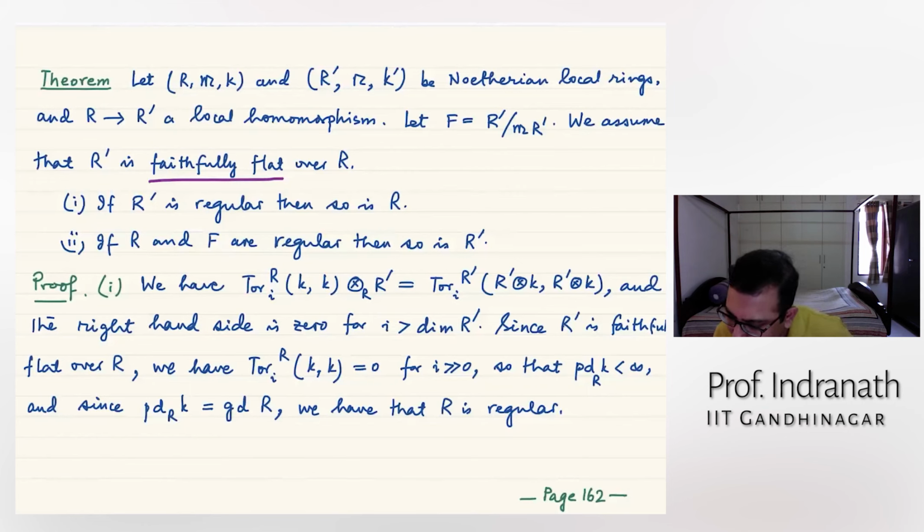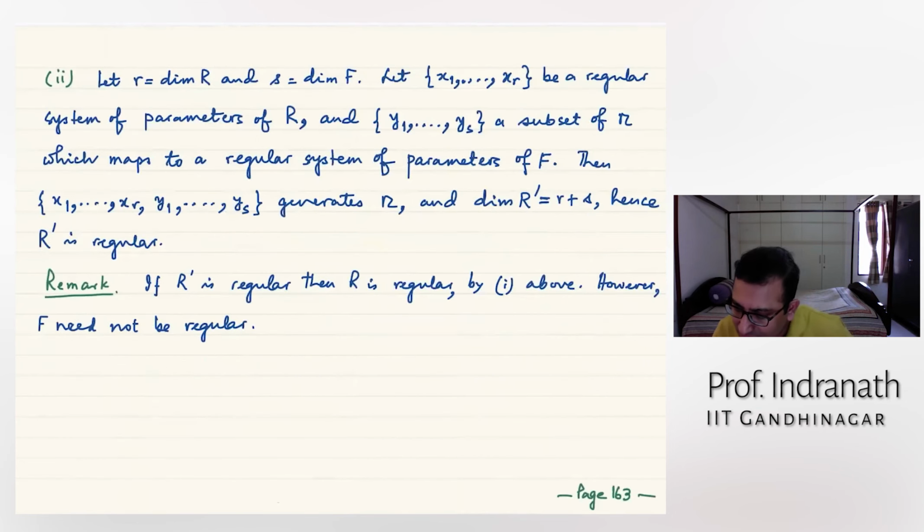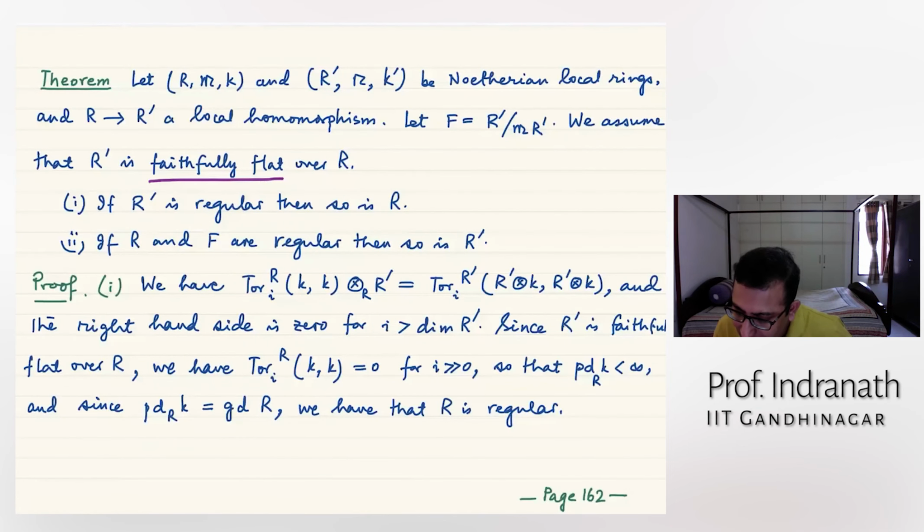That if you have the regularity condition on R and F, then you have the regularity of R dash. So here what you do is, assume that the dimension of R is r, so remember, we have regularity of R and the fiber ring. We are trying to prove that this is regular.